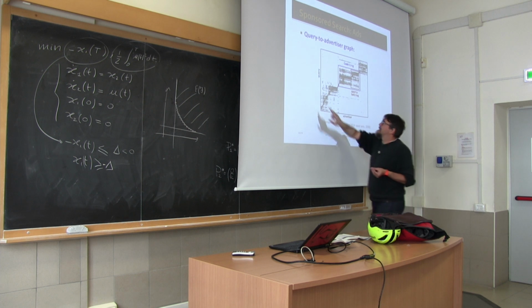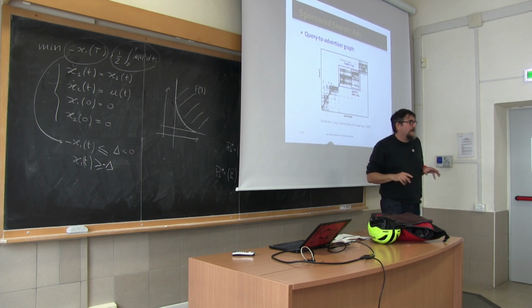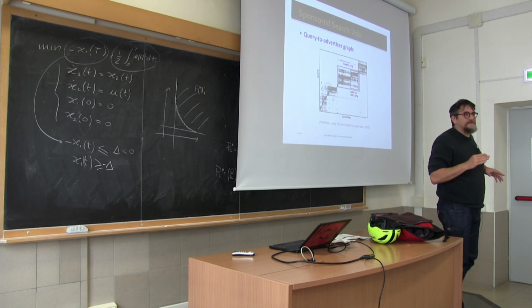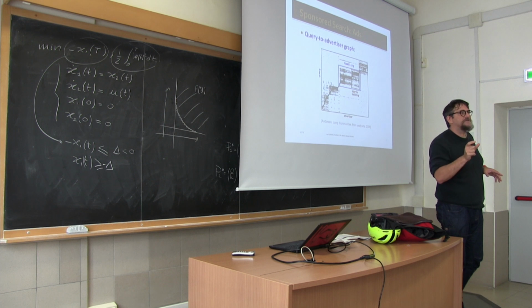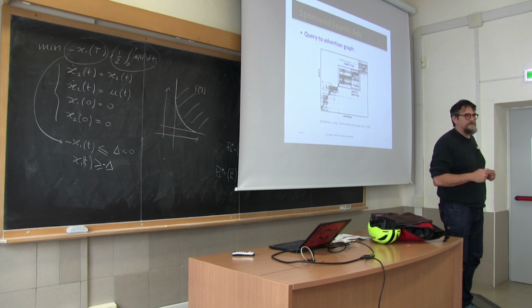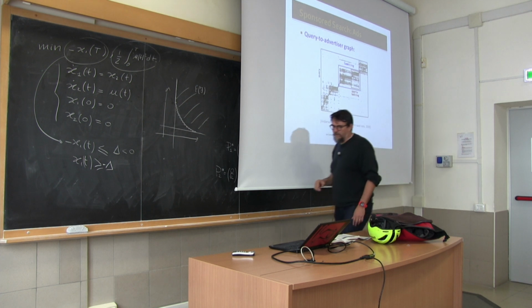Because queries are appearing over time, as users make a specific query, and you have to select which advertisement to show on the web page, only on the basis of the past queries and the current one, but you don't know the future. That's why we are talking about an online algorithm.